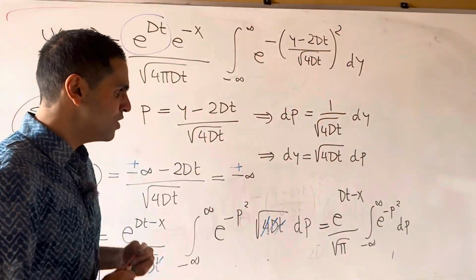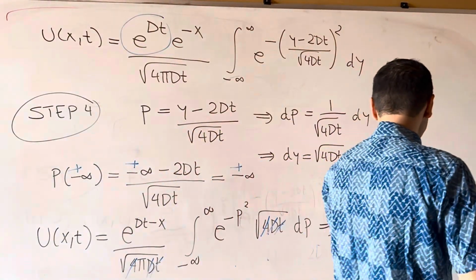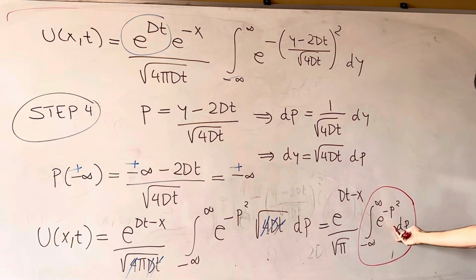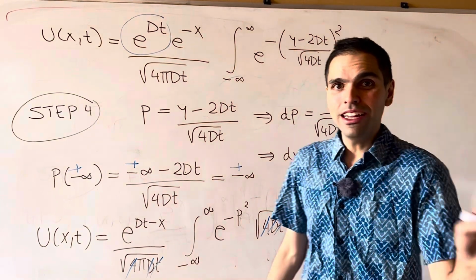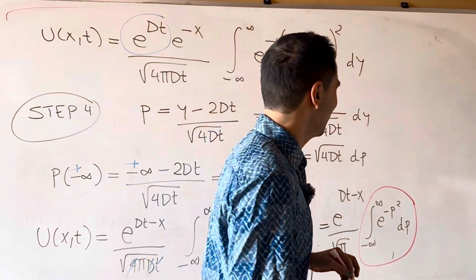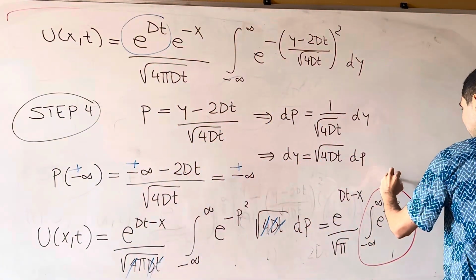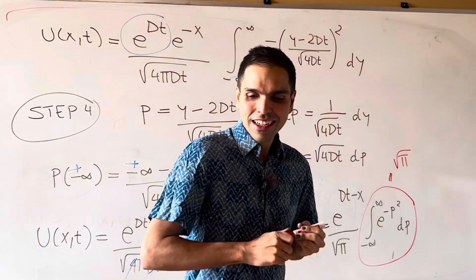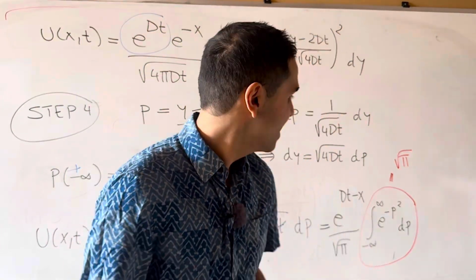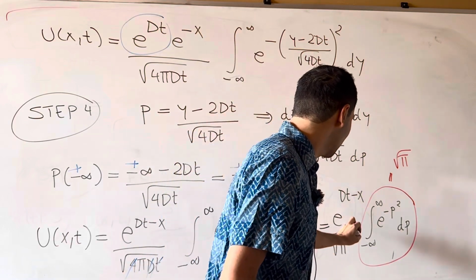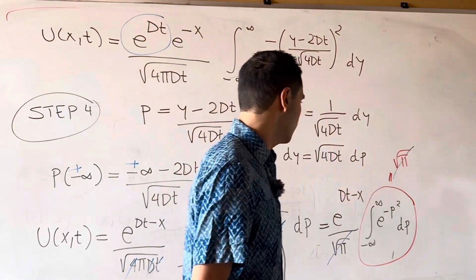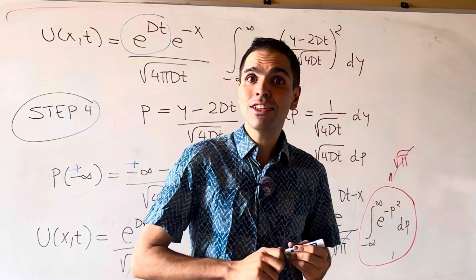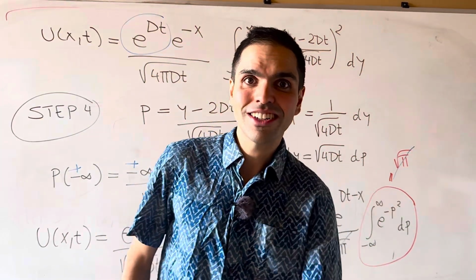And here's a beautiful thing. So this thing, all it is is the Gaussian integral, which I've computed in 15 different videos, by the way, and we find that the answer here is square root of pi, which, as nature would like it, cancels out so elegantly with this square root of pi, so that in the end, we get a very, very simple exponential function.